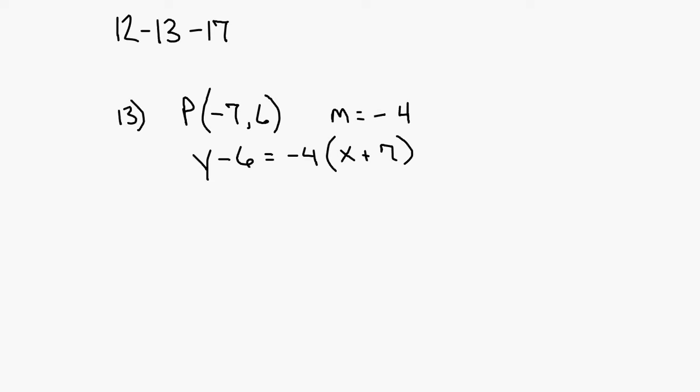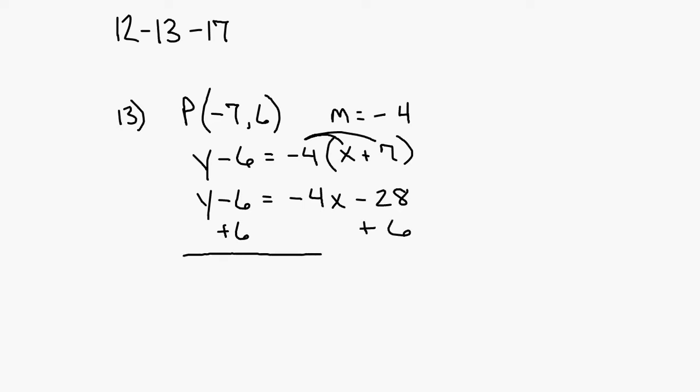All right, they want it in slope-intercept form though. So here's the process to put it in slope-intercept form. Distribute the -4 first. So you would have y minus 6 equals -4x minus 28. And then just solve for y, which means add 6 to each side.